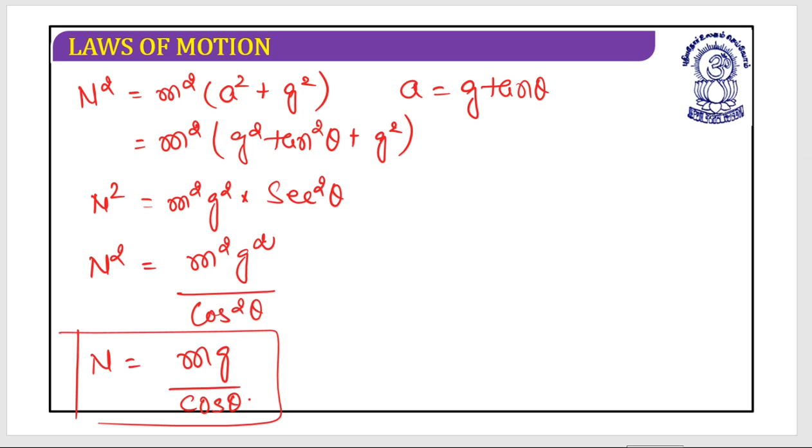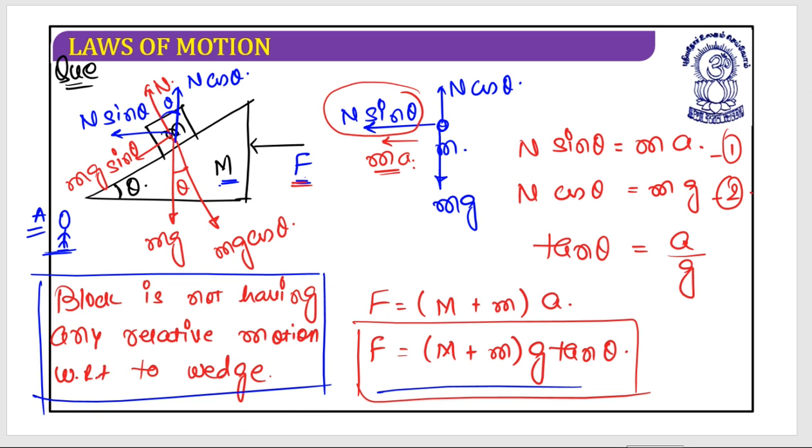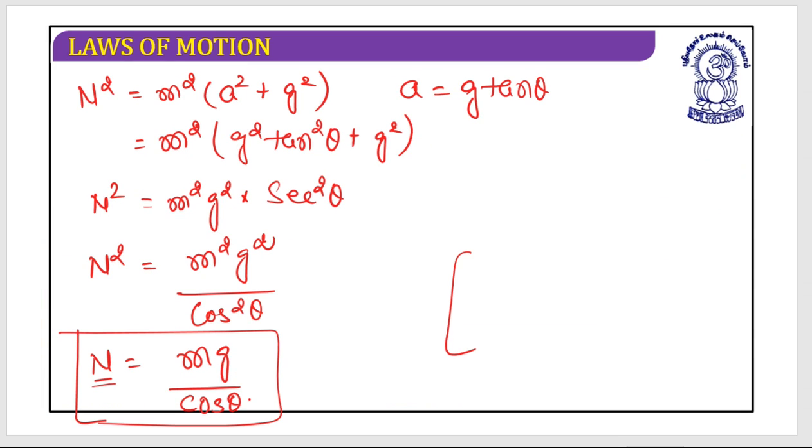This is the location where students might get confused. Students might select the force between M and m as N equals mg cos theta, and they just write it down. Yes, this would be an option, but this is incorrect.